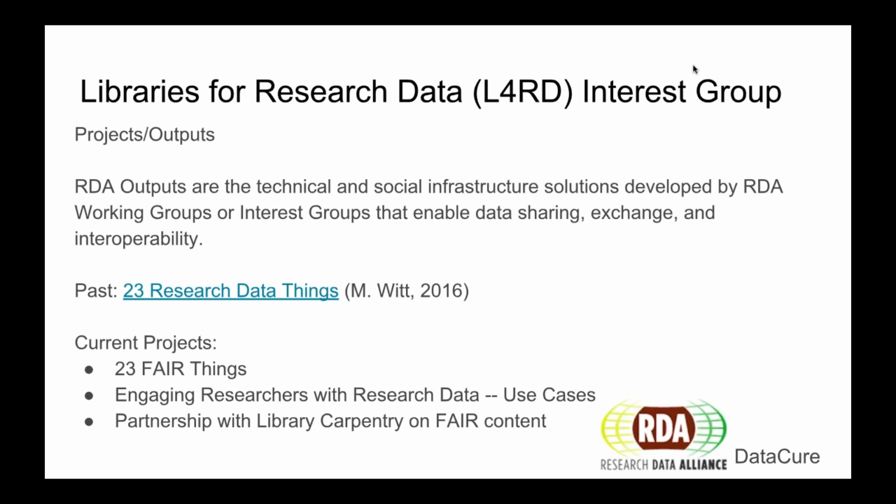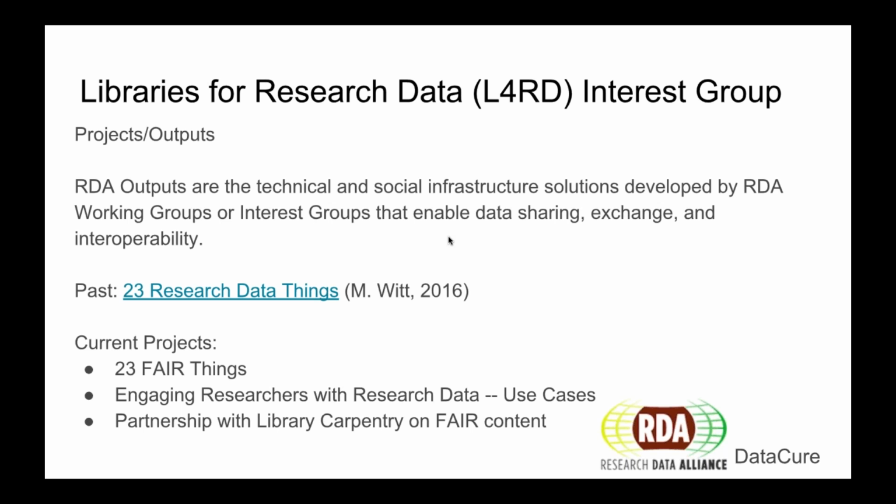All right, so the Libraries for Research Data Interest Group has a couple of outputs. One of the big outputs that Michael Witt, who I believe is on the call, hi Michael, did in the past was the 23 research data things, which was modeled on, I believe, the Australian 23 things, which itself was modeled on a pedagogical methodology from, I believe, somewhere in North Carolina.